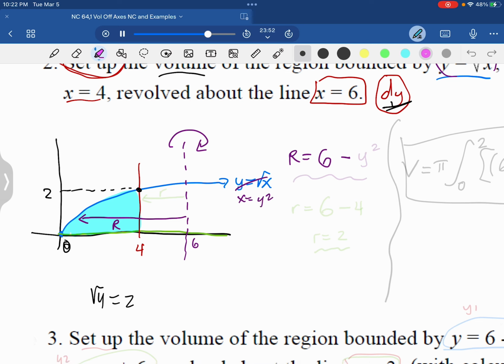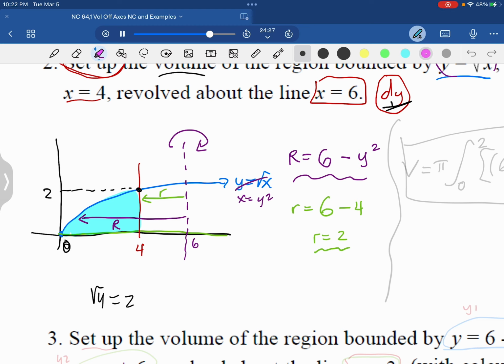So it would be 6 minus y squared that would actually be my big R. Then my little r is going to be the distance from the axis on the right to the closer one on the left. So in this case, it'll be axis first, 6, minus the red line, which is just a constant 4. And because that combines, I could go ahead and write just little r equals 2. So little r is just a constant.